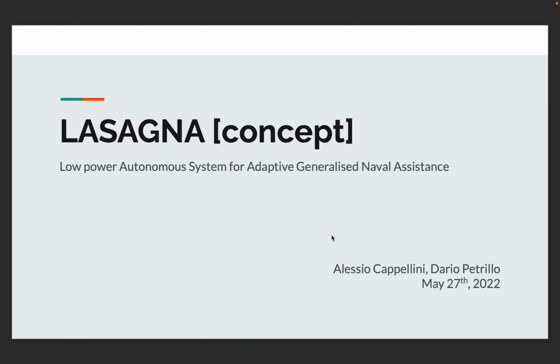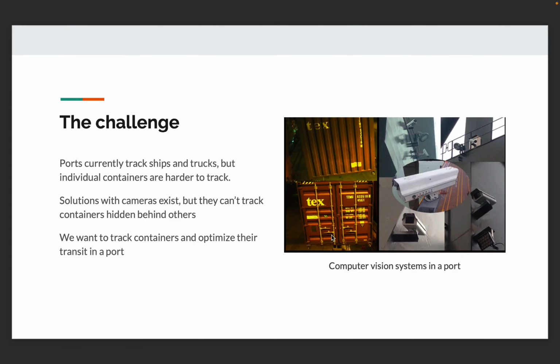Today we're gonna go through all the aspects that compose our project, starting from the concept. In particular, the Lasagna idea was created from the need of tracking containers and optimizing their transit in a port, taking into account the existing solutions.